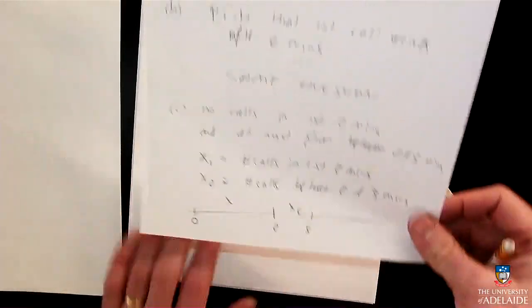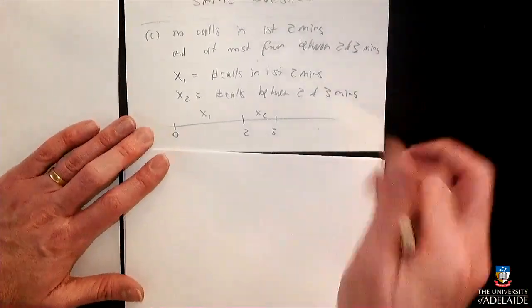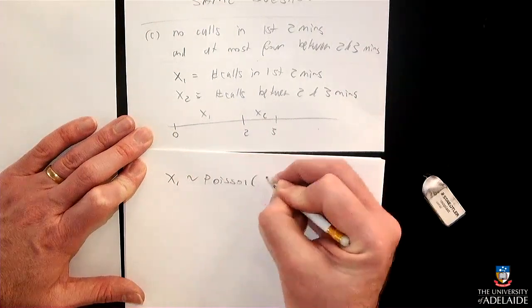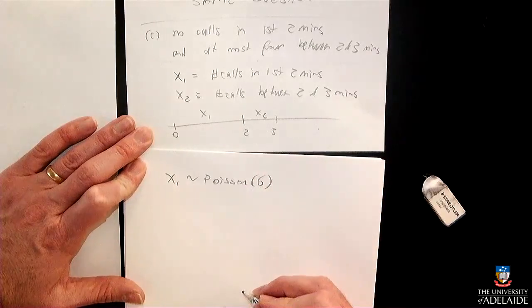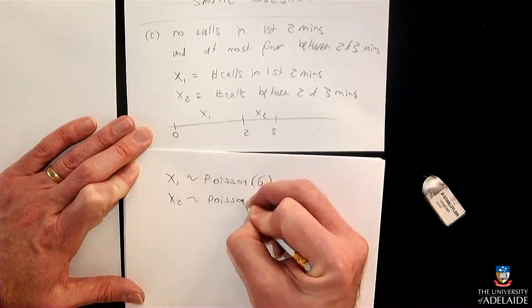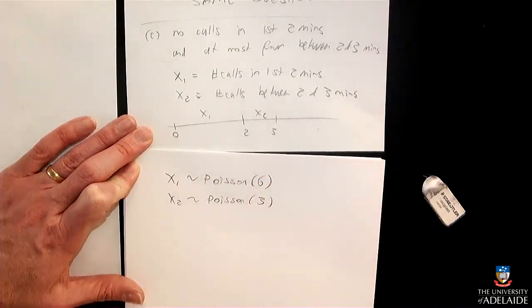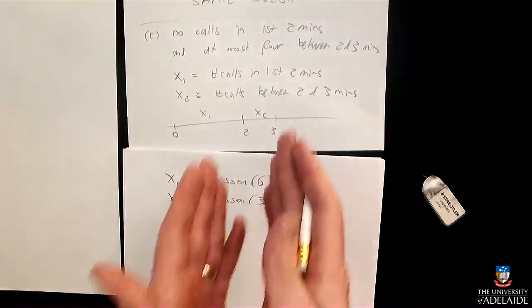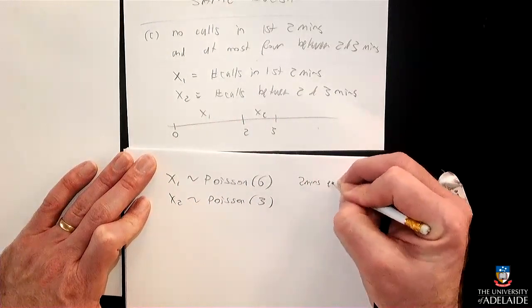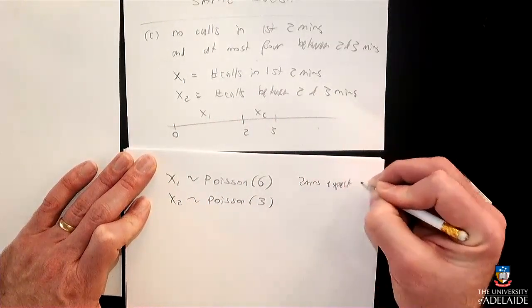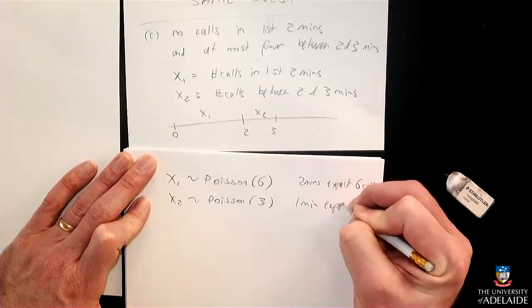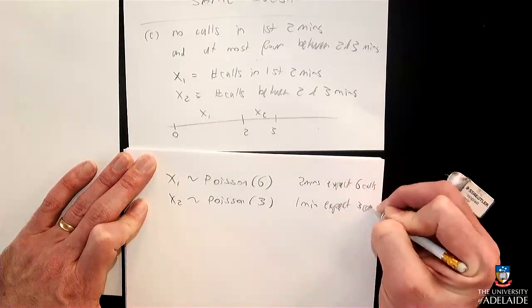Then x1 is a Poisson distribution with 6, which we've already seen. And x2 is a Poisson with 3, because that's how many we expect in a 1 minute time zone just here. So in 2 minutes I expect 6 calls. In 1 minute I expect 3 calls.